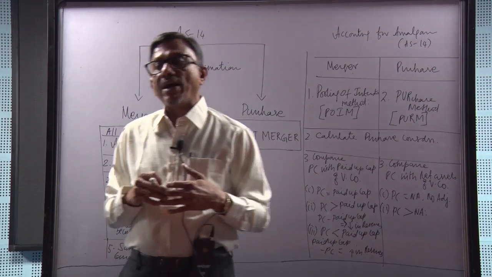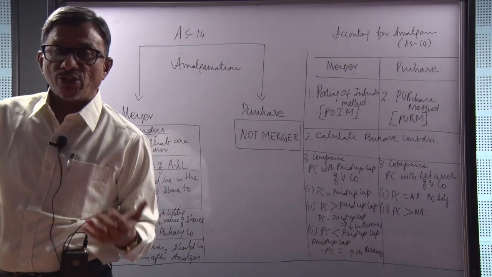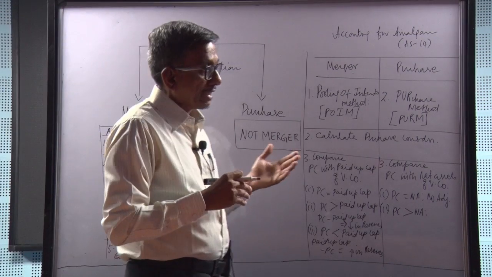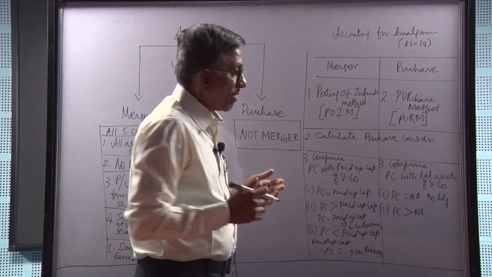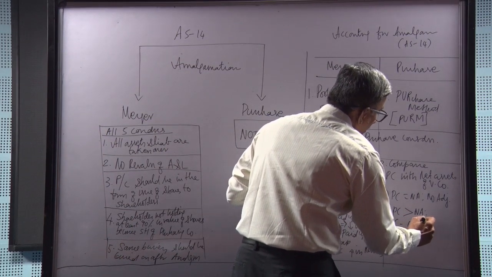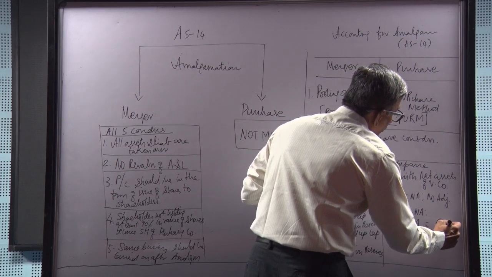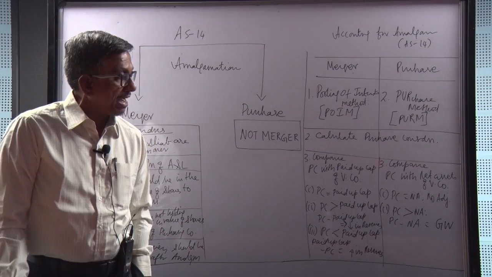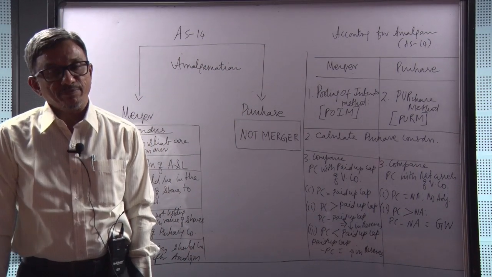So wherever you find that there is amalgamation in the nature of purchase and the consideration is over and above the net asset, see the difference. Purchase consideration minus net asset is equal to goodwill. This will be shown as purchase goodwill in the balance sheet of the purchasing company.